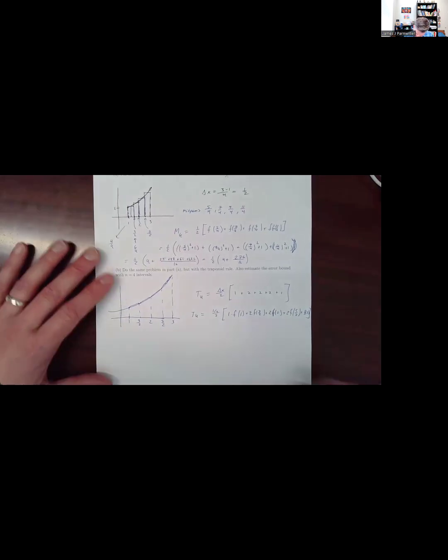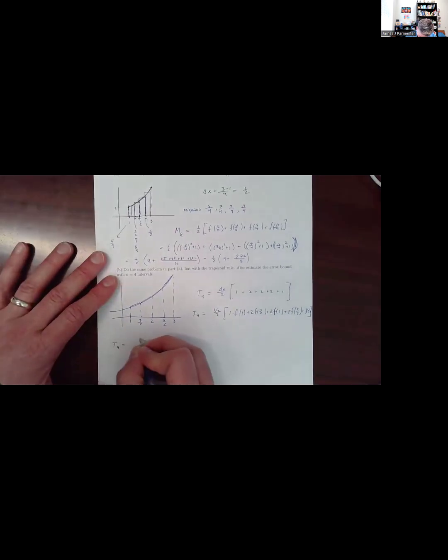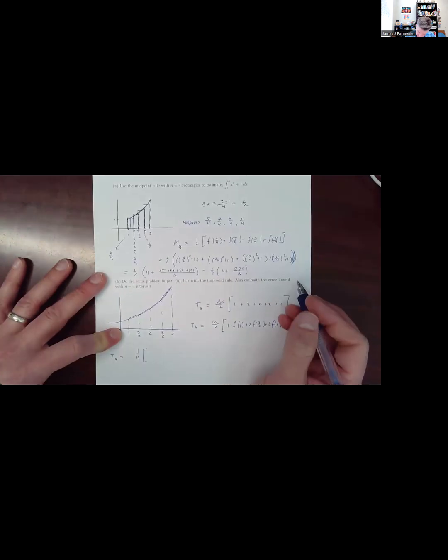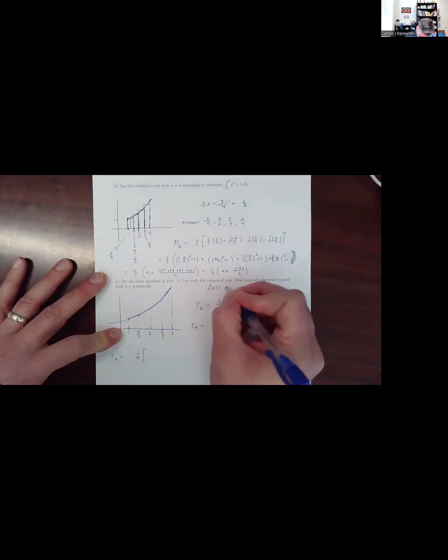Squeeze that in there. The T sub 4 is going to be 1/4 times f of 1, which is 1 squared plus 1. Right, my function is still f of x equals x squared plus 1.